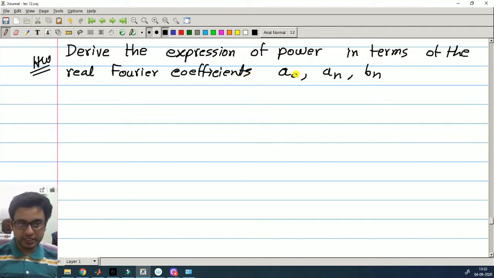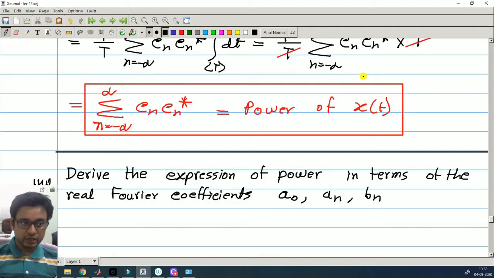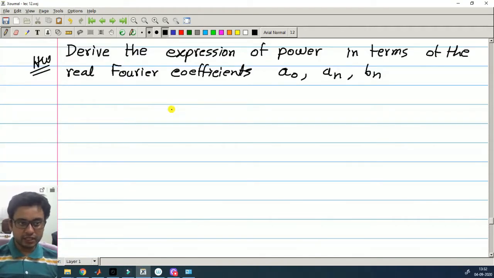Now here is a homework for you: derive the expression of power in terms of the real Fourier coefficients a0, an, bn. We have found the power in terms of the complex Fourier coefficients Cn, and you have to do it in terms of a0, an and bn.